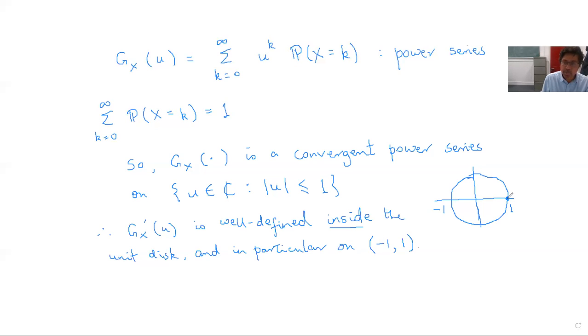And that's what's going to be of interest to us. But I just wanted to mention that inside here, it's perfectly okay to differentiate it, and you can do so term by term. So you can switch the order of summation and differentiation inside the unit disk. So let's do that.